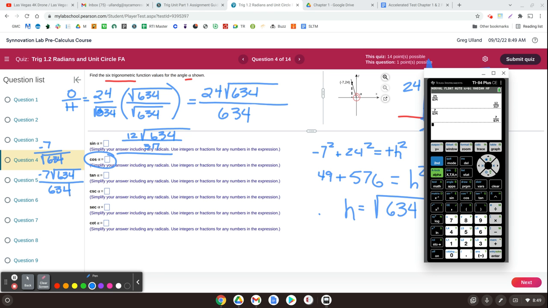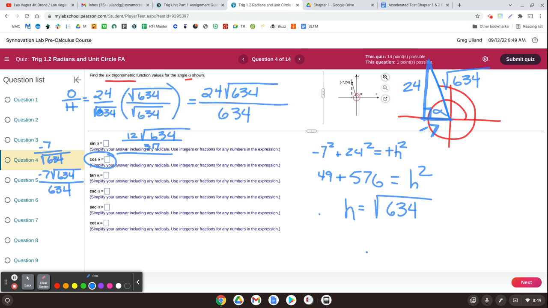So for tangent, we're going to have it be opposite over adjacent. So that's negative 24 over 7. Okay, now cosecant is going to be the reciprocal of the sine. So that'll just be radical 634 over 24.